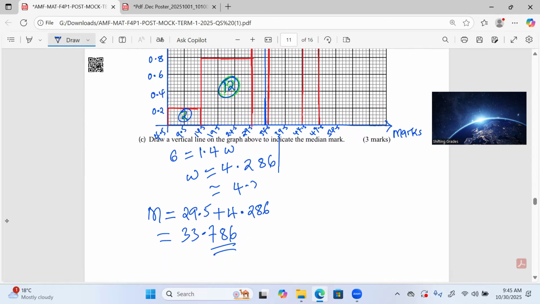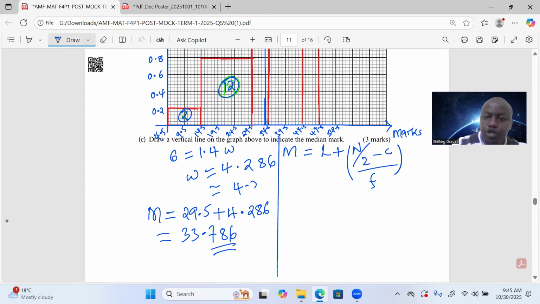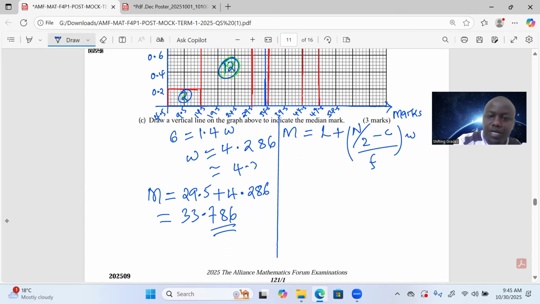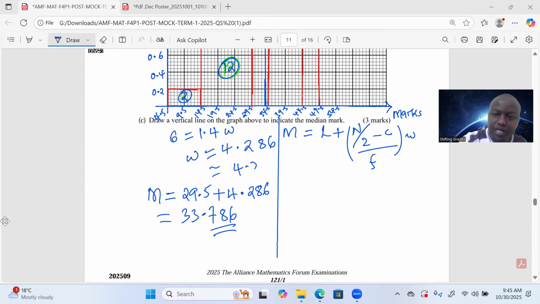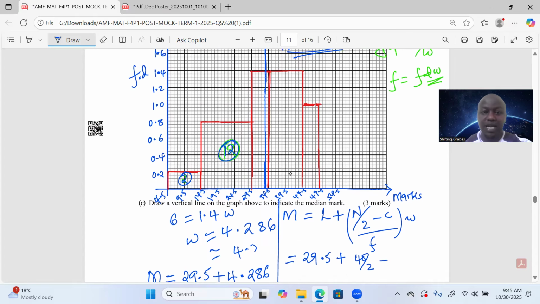It's good to know that according to the formula, the median is given by the lower boundary of the median class plus total frequency over 2 minus cumulative frequency before, over the frequency, multiplied by the class length. So in our case, we are talking about a lower boundary of 29.5 plus total frequency 40 over 2 minus the cumulative frequency before the median class.